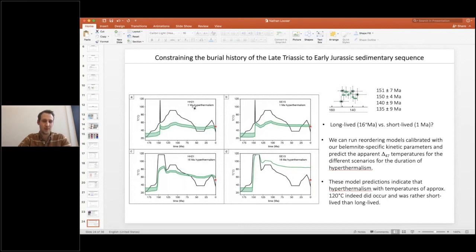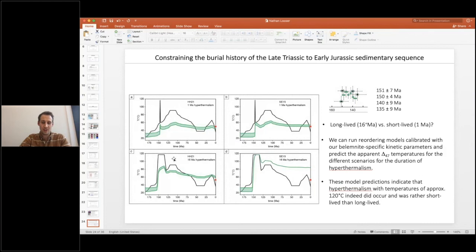I'm not going to go into details what they are. Ones here, A and B, they show the burial history in black with a very short-lived 1 million year hyperthermal phase, and C and D here, they show the burial history with a long 16 million years phase of hyperthermalism.